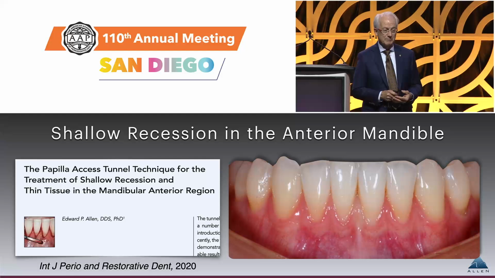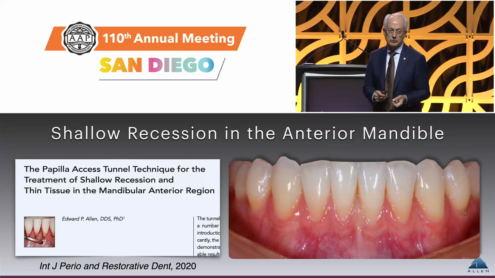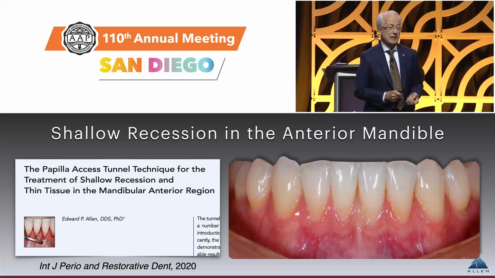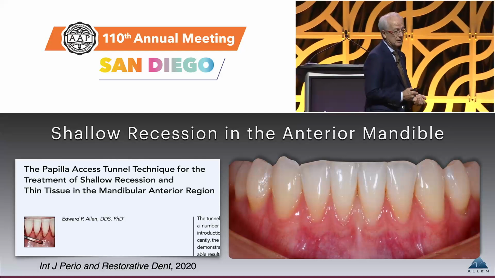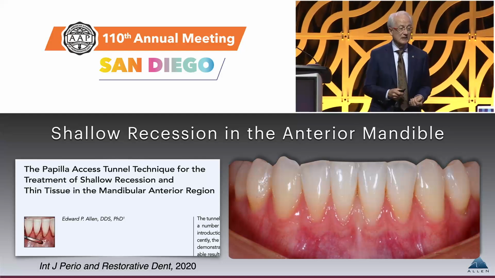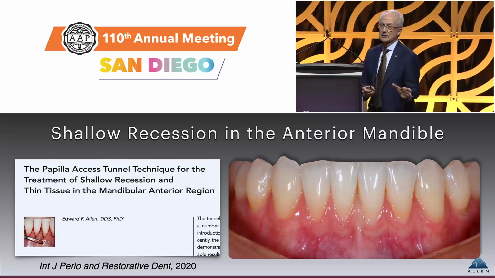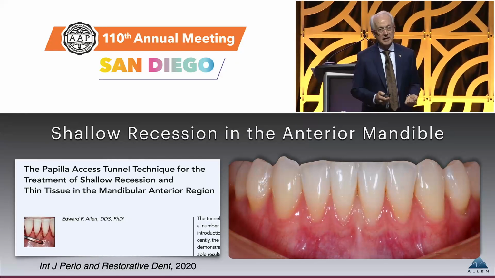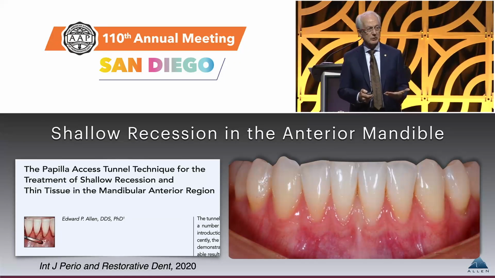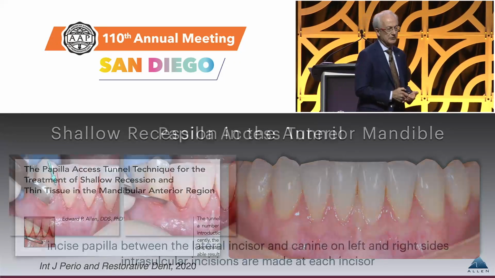So I'd been doing this particular procedure I'm going to show you for years and decided to publish it, and I just called it a papilla access tunnel technique to have a better access for dissecting the tunnel in difficult sites in the mandible. I prefer this for vascular reasons over submarginal vertical incisions.